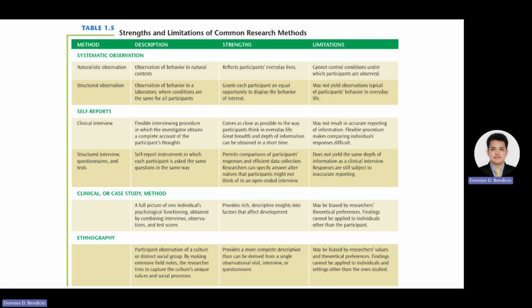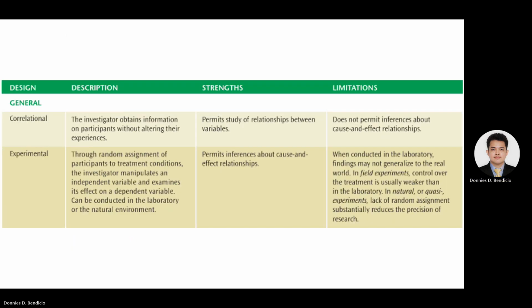Clinical or case studies, on the other hand, provide in-depth insights into specific cases or individuals, and ethnography aims to understand the cultural context and behaviors within a particular group or community. Each method has its strengths and is chosen based on the research goals and the nature of the phenomenon being studied.